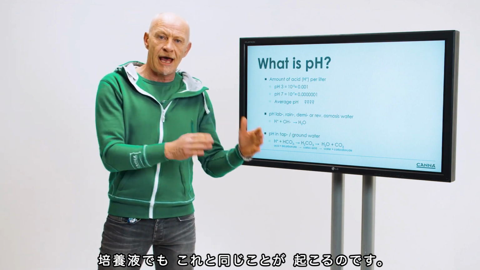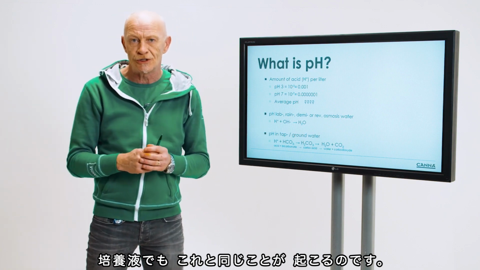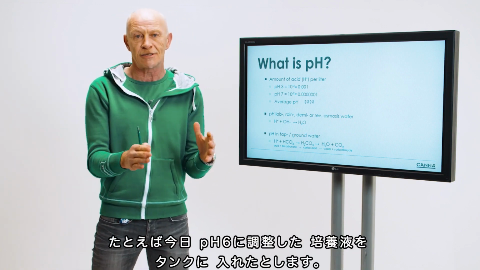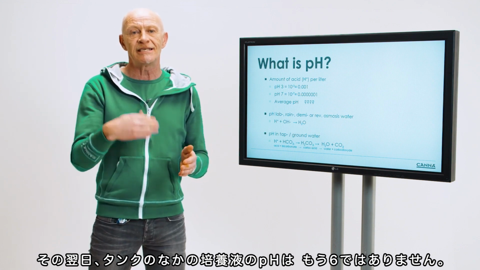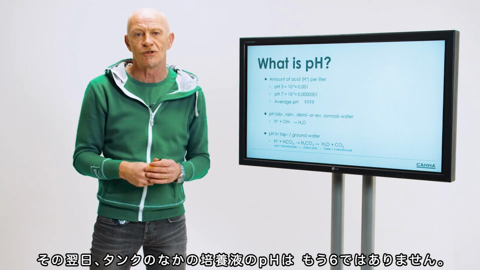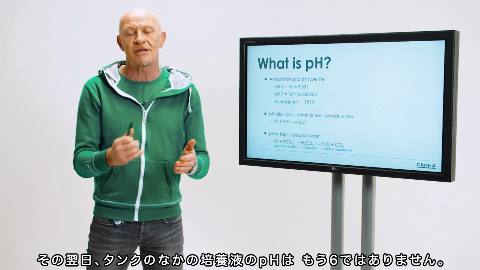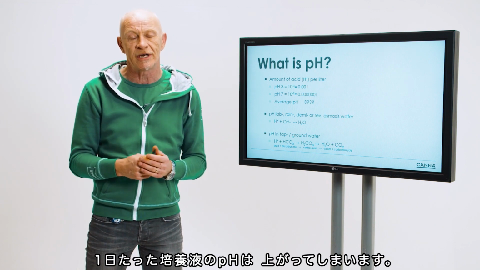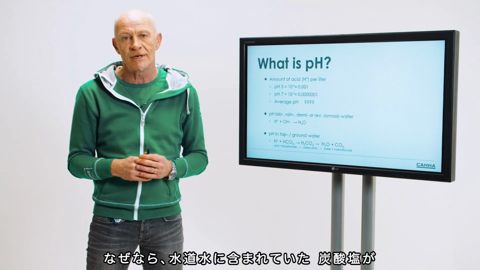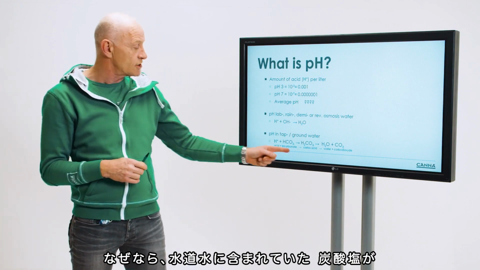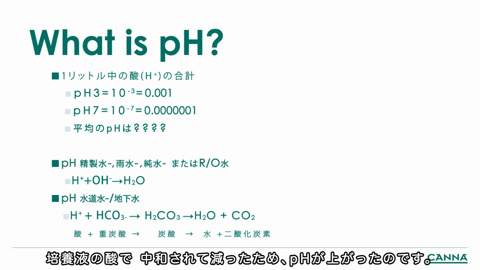The same thing happens also in your nutrient solution. I created a pH of 6 today. I watered my plants, but the next day, if I still have some solution left over, the pH was not 6 anymore, it changed to a higher number because the carbonates from the tap water were reacting with the acid, and because you get less acid, the pH goes up.